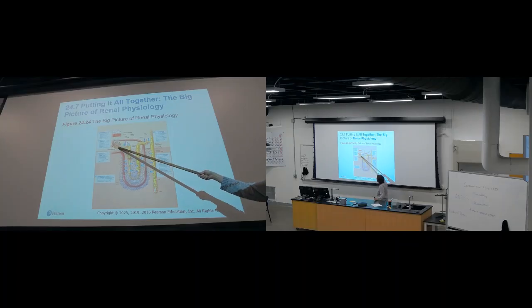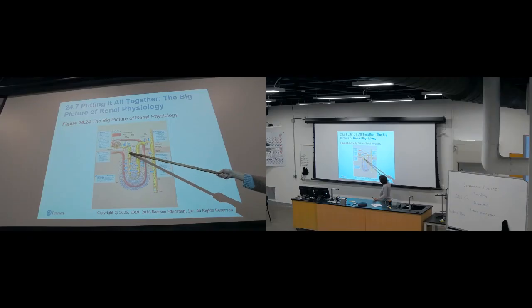The filtrate goes into the capsule, then it goes into the PCT, where you absorb most of the water and most of the organic molecules like amino acids, glucose, etc. And then as it moves down into the loop of Henle, the descending and ascending limb, you change the concentration, because you have different solutes and water concentration within this interstitial space that surrounds the loop, and also that is between the loop and this blood vessel.